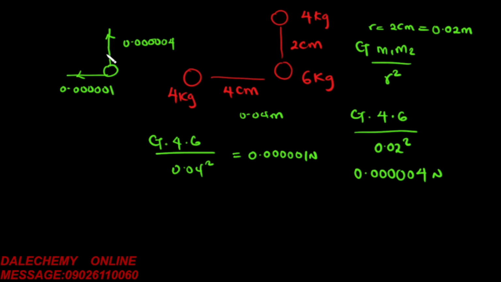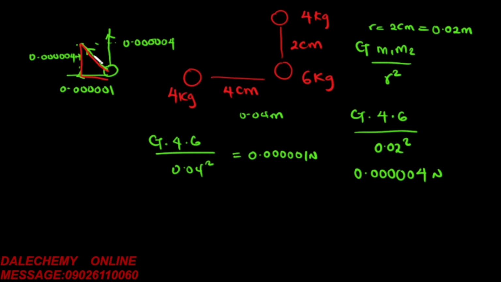Now to find the net force, you can use the parallelogram law of forces, because this is going to be your resultant force. If you use the parallelogram law of forces, this side will be equal to this side, which means this side too will be 0.000004 Newton. You can just bring out this triangle here.